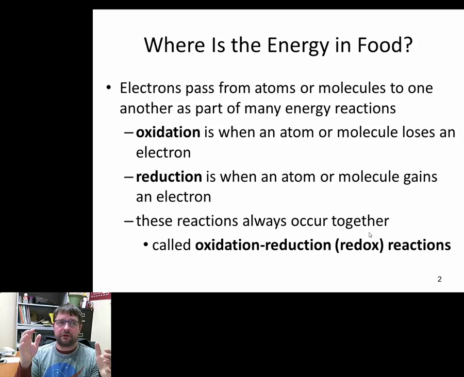So, we can go back in time a little bit to where I was talking about energy, when we were talking in chapter 5 or lecture, I don't know, maybe 15 or 16, somewhere in that range, about exothermic and endothermic reactions. And we were talking about activation energy and whatnot.